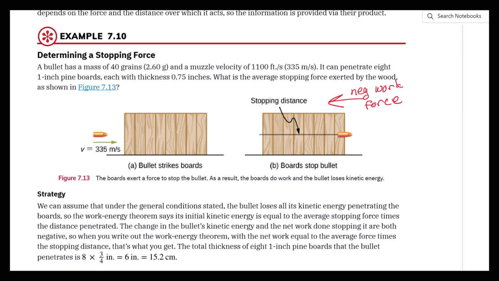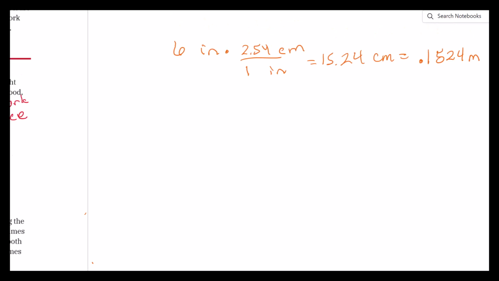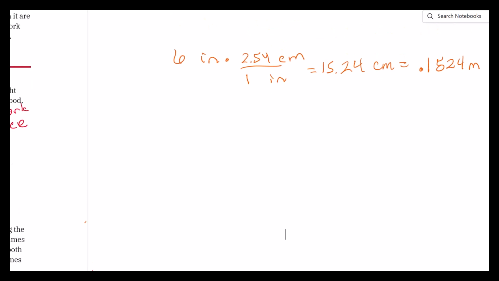And it's going to stop the bullet after 8 pine boards with a thickness of 0.75 inches. Apparently I forgot to click unpause after I started my calculator app, which was funny because I worked most of the problem. So anyway, I converted 6 inches to 0.1524 meters.